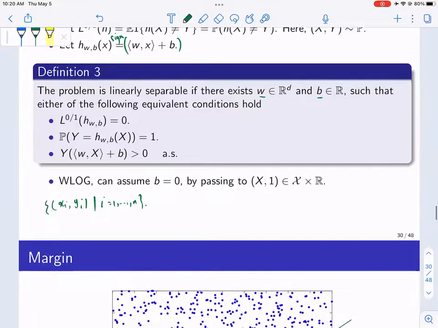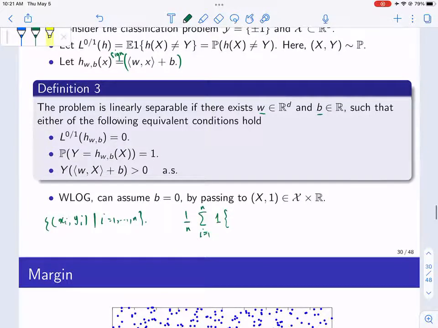So the empirical loss would be the sum over i from 1 to n of the indicator that y_i times w transpose x_i is less than 0. I'm going to assume b is 0. Sorry, less than 0.